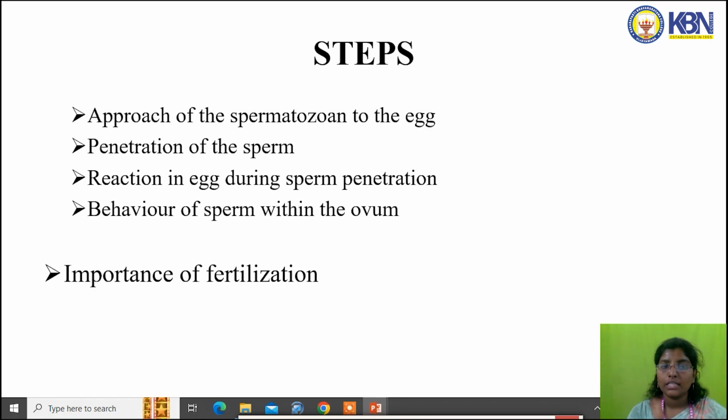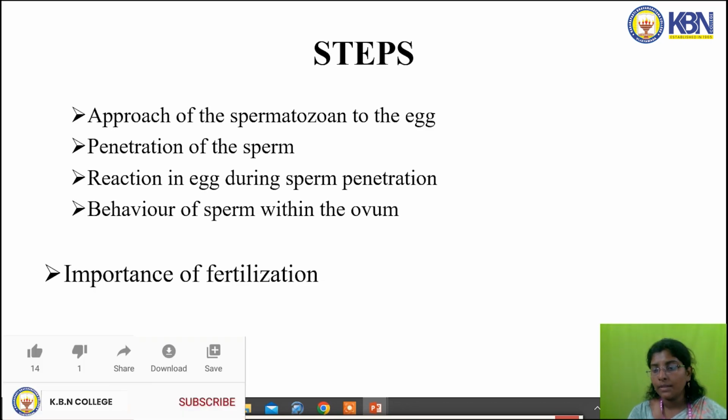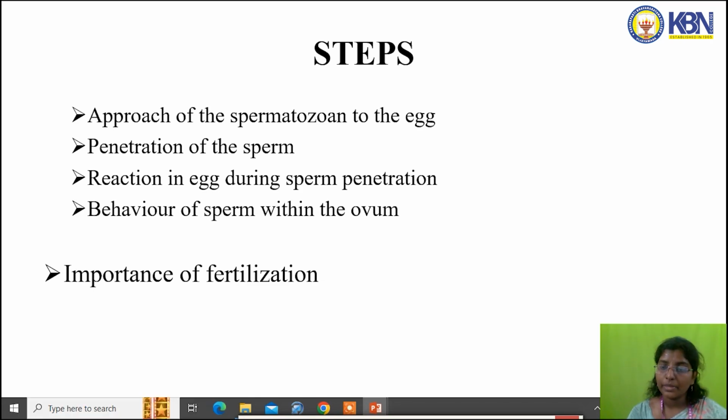Next, the reaction in the egg during sperm penetration, and the behavior of sperm within the egg. Penetration of the sperm is done with the help of the acrosome. The acrosome helps to break the wall of the egg. When the sperm is penetrating into the egg, some reactions happen in the egg.